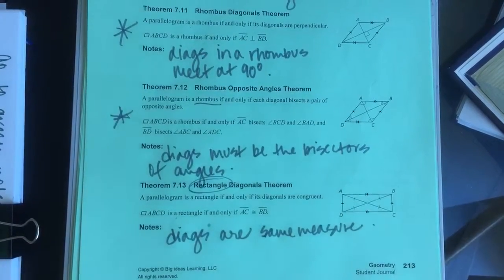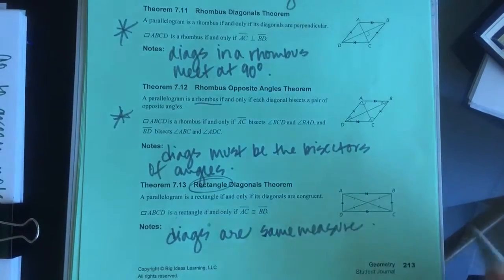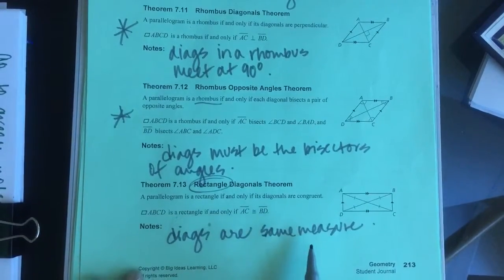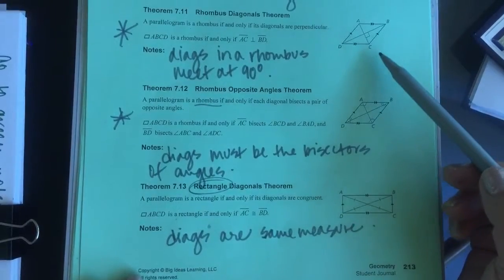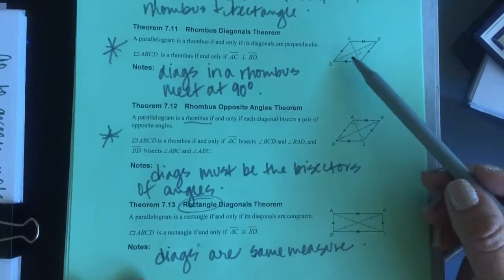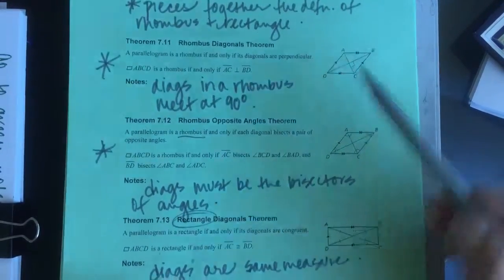I think about where we would be using some of these rules, this idea about being the same measure and coming in at 90 degrees. I want to remind you guys of a couple things.